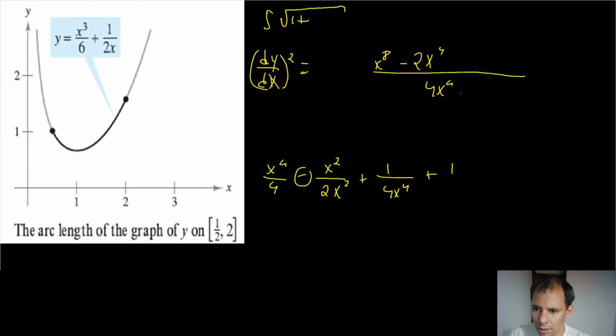Okay, plus 4x to the 4th divided by 4x to the 4th, 1 times 1, 1, plus 4x to the 4th. Okay, so this is going to be x to the 8th, and then you got plus 2x to the 4th, because 4x to the 4th minus 2x to the 4th is 2x to the 4th, plus 1 divided by 4x to the 4th.